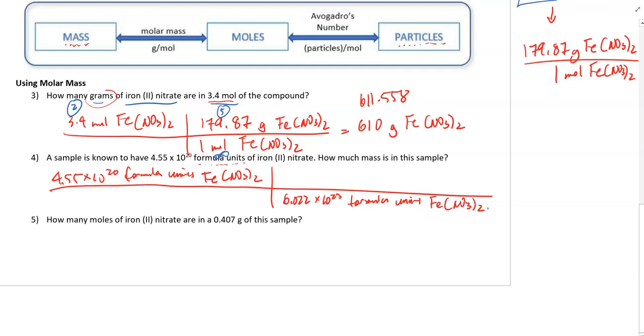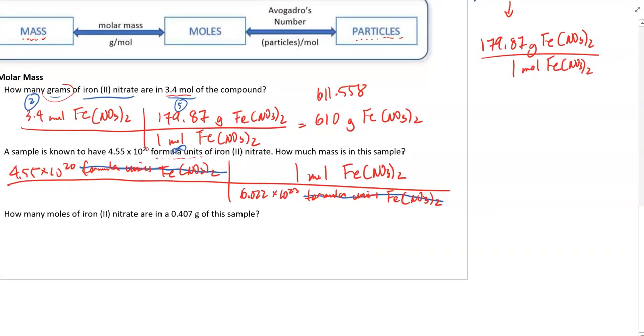So in this case, it's formula units, and that's equivalent to 1 mole of iron nitrate. So that way we know when we do the work, we're going to cancel off formula units of iron nitrate, because they're on opposite sides of the equation. And then we can get moles out, but we're not quite done yet. Let's keep this going because this only gives me a mole amount, right? This only gets us from particles to moles.